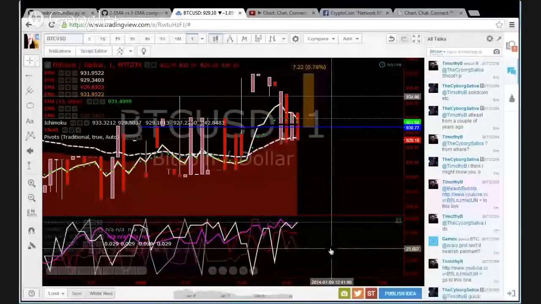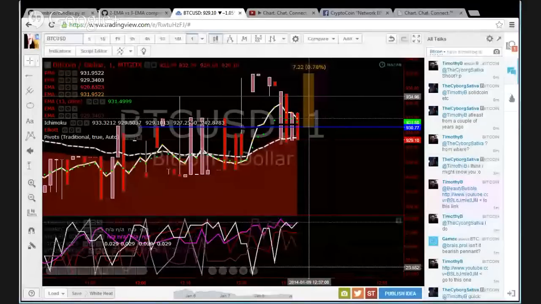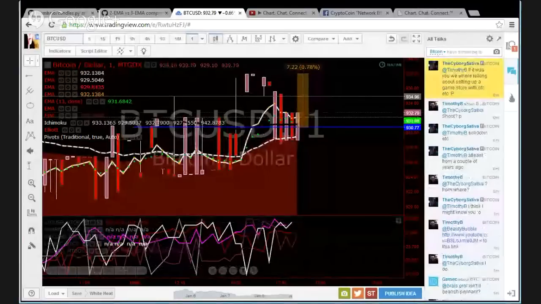And okay, here's the chart. Yeah, see what's happening there though? I don't know if I can do both windows. There's the chart. Okay, so you guys can see the chart, right? Okay, I got it though.